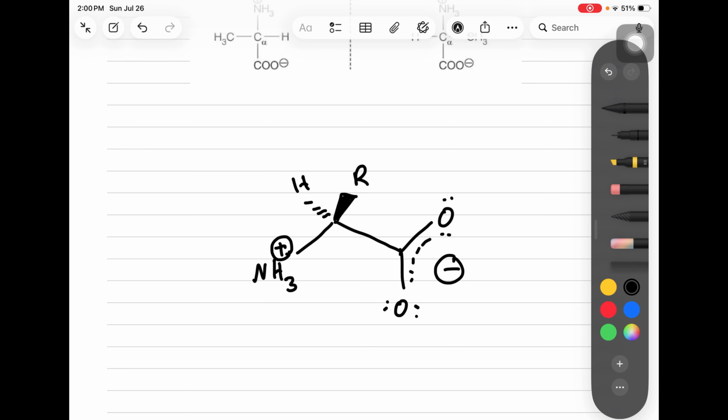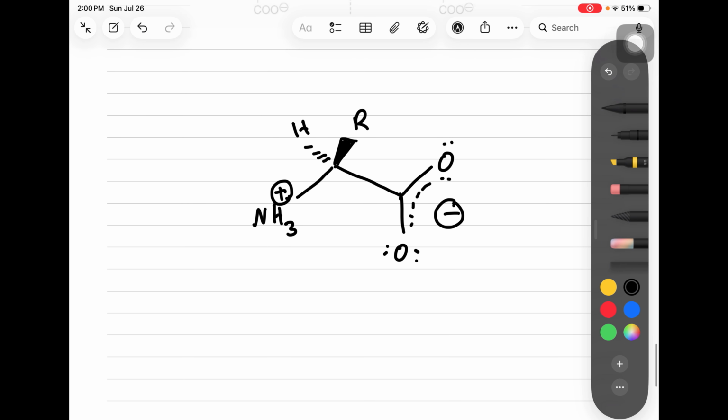The carboxyl and amino groups can act as an acid or base. This is kind of obvious from the charges that we have here. Molecules that can be a base or an acid simultaneously are called amphoteric.